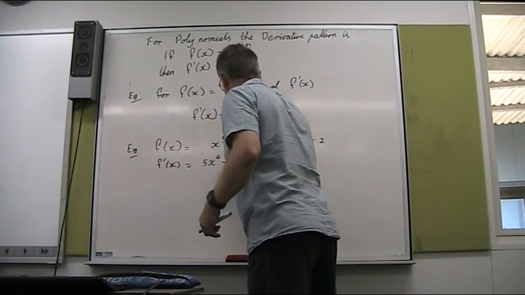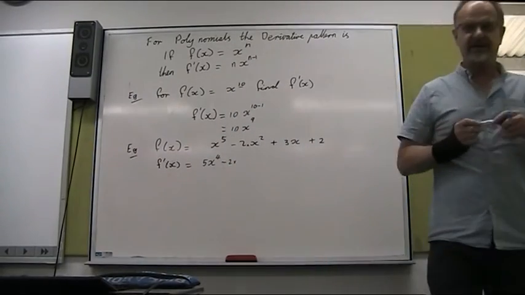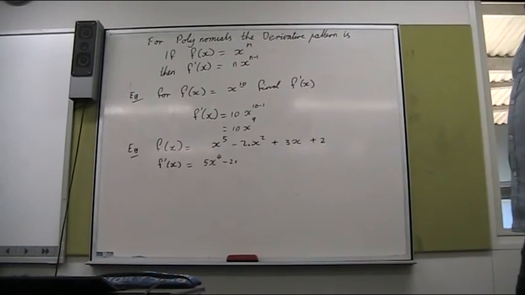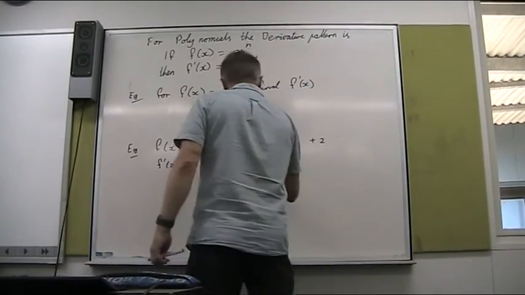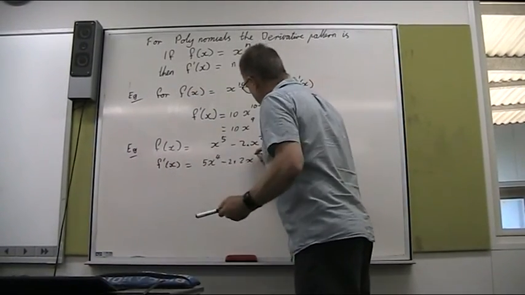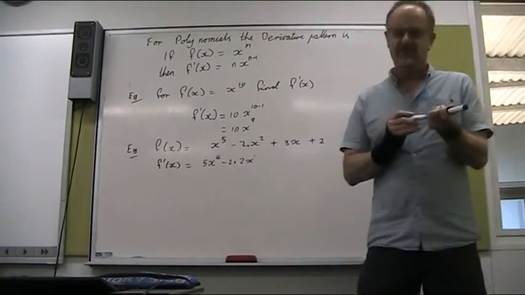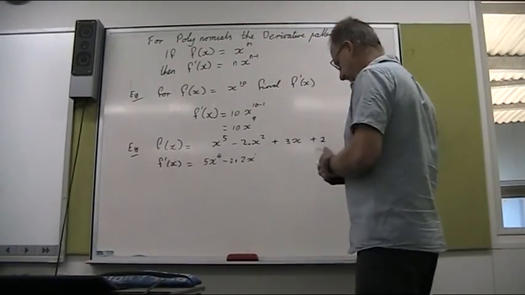We've already got this 2 there, so that's 2 times that. So let's leave that there. And the x squared becomes 2x, yep, 2x to the 1 of course, but normally if it's x to the 1, we don't worry about writing that.